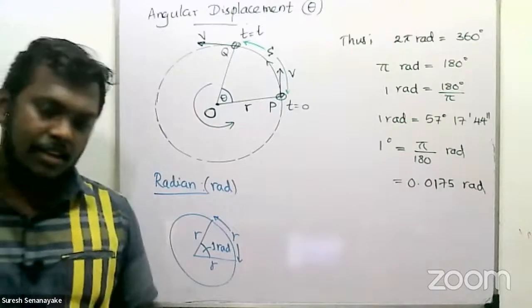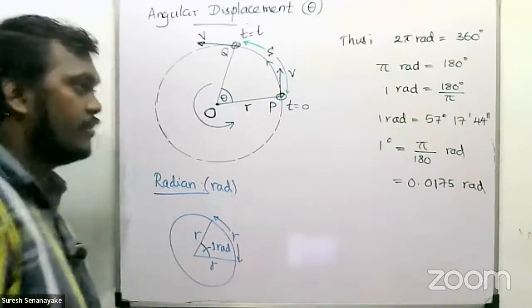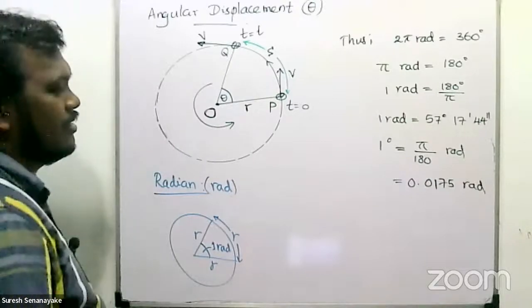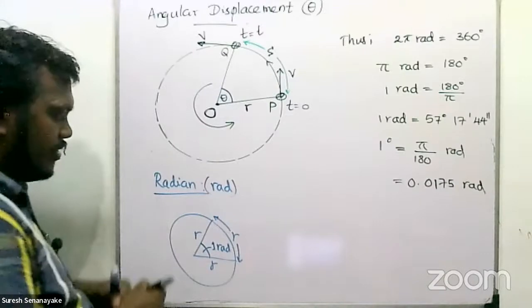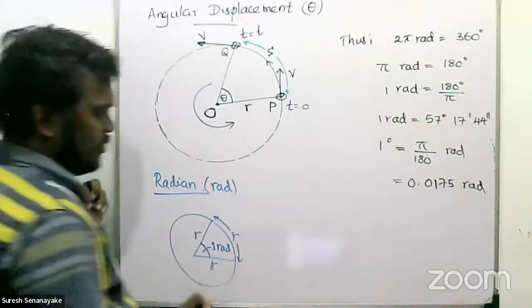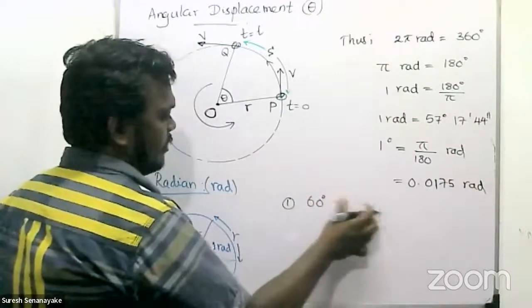Right, here's an example. Convert the following degrees to radians. First, 60 degrees, how much in radians?